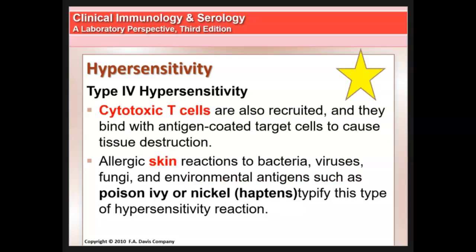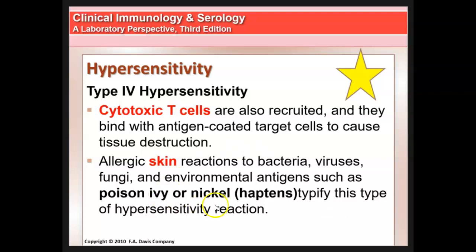Cytotoxic T cells are also recruited, and they bind with the antigen-coded target cells to cause tissue destruction. Allergic skin reactions to bacteria, viruses, fungi, and environmental antigens such as poison ivy or nickel typify this type of hypersensitivity reaction.